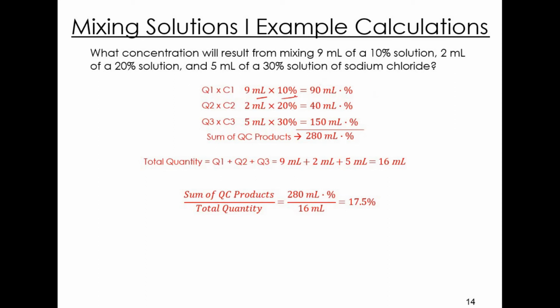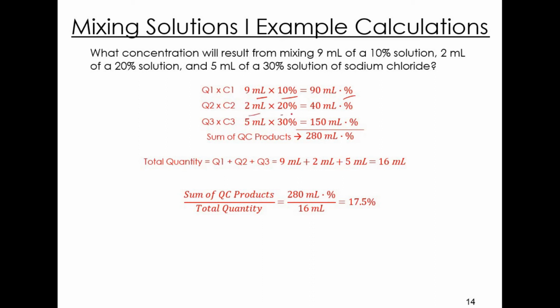And you can turn these into decimals if you want, or you can leave them as percents. Just make sure you keep track of which one you do. It will determine whether you need to multiply by 100 at the end or not. So if we keep it as a percent, we don't need to multiply by 100 at the end.